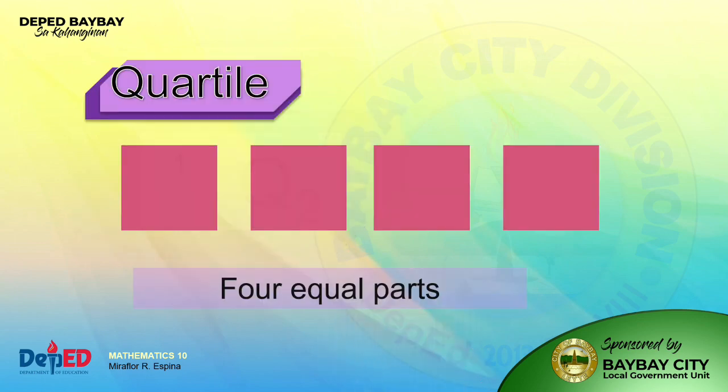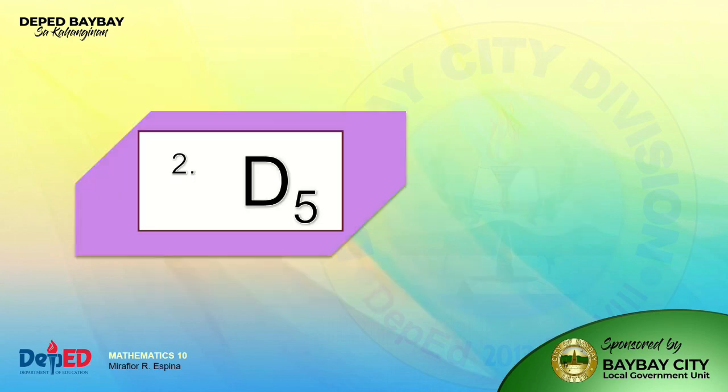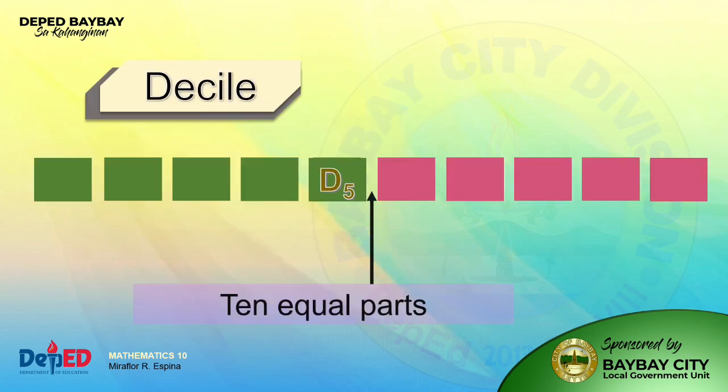Time's up. Do we have the same answer? Great! You got it right. Next, number 2. Fifth decile or D sub 5. Your time starts now. Alright, time's up. Do we have the same answer? Excellent!